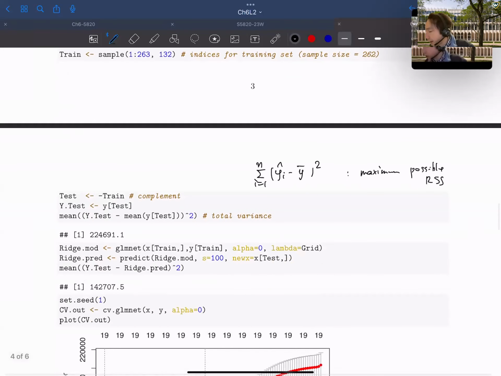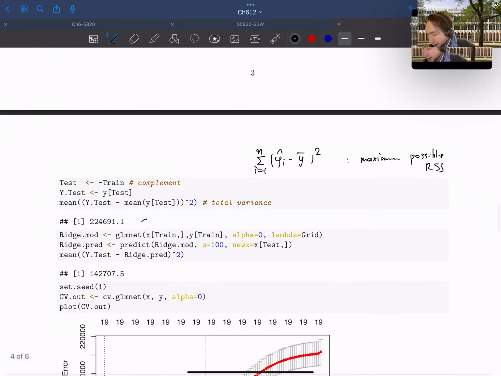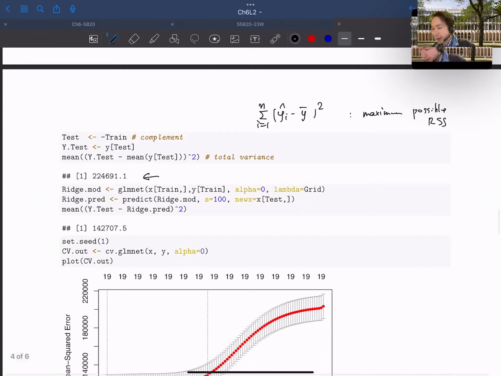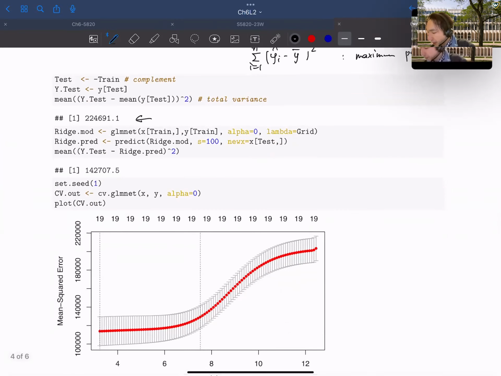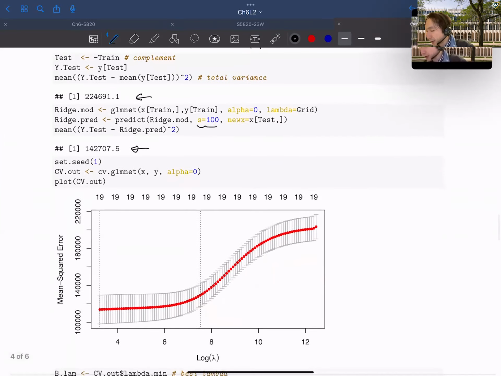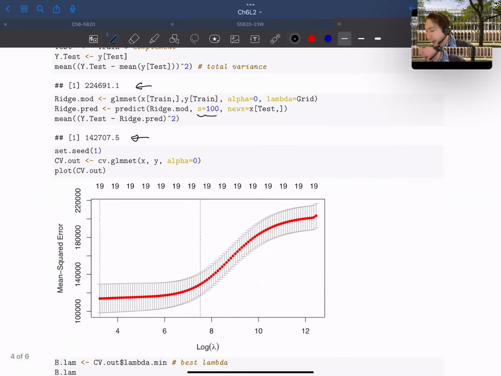If we only have the intercept, then the RSS is this value, about 220,000. And if we give the s, then we get a test error of about 142,000, so about 30% smaller than the maximum possible RSS, that is called total variance.